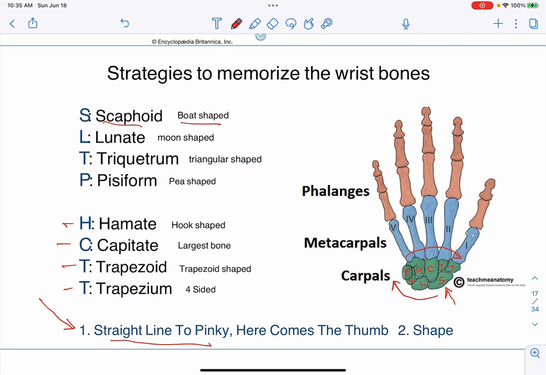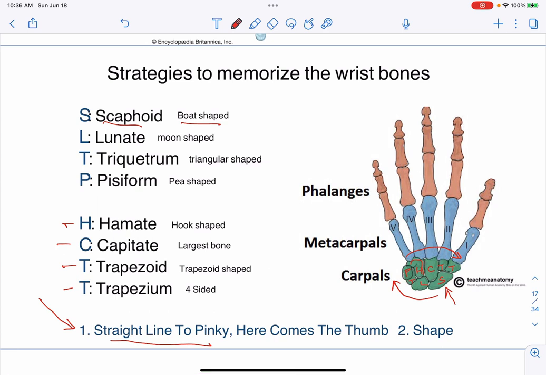Another way is by noticing the shape of the bone. So scaphoid does look like a boat, lunate is moon-shaped, triquetrum is triangular, pisiform is a little pea-shaped wrist bone, hamate has a hook, you can see the hook here, capitate is the largest one, trapezoid has a trapezoid shape, and then trapezium is a four-sided shape.